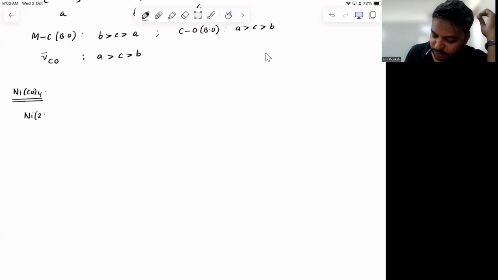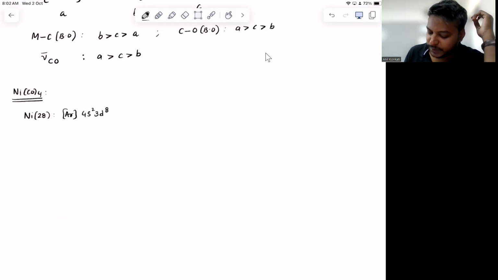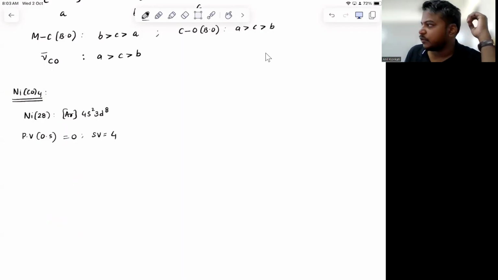First, check out what are the number of electrons present in nickel. So, configuration wise, it is 4s2 and 3d8. It is neutral in nature. Here, there is no charge on nickel. So, the primary valency, which implies the oxidation state, is 0. Secondary valency in this case is 4, which is the coordination number.